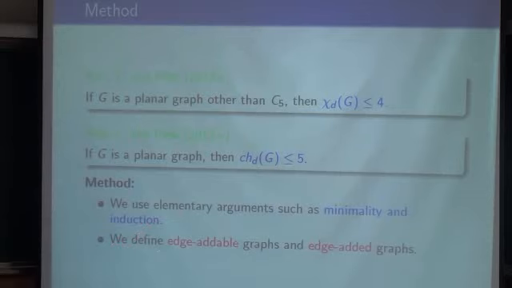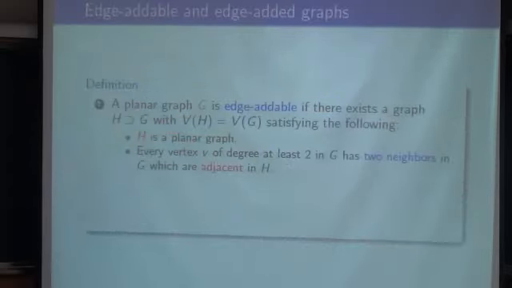That idea is about edge-addable graphs and edge-added graphs. So let me define what that is. For edge-addable graph and edge-added graph, you can think about this figure later. Let me first define it with a statement.